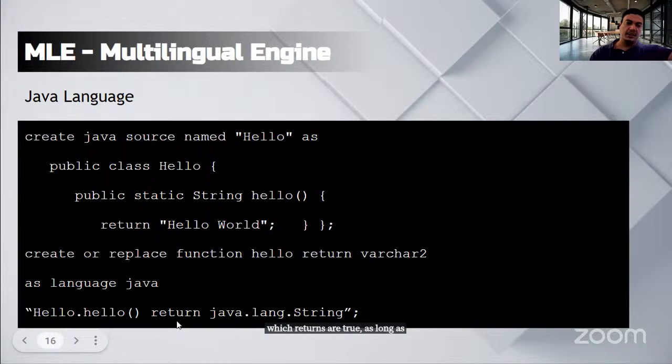And here I call this method. It's important to see here that all methods called as a function or as a procedure must be static methods.